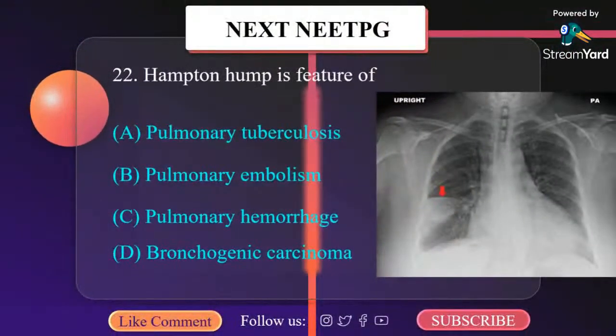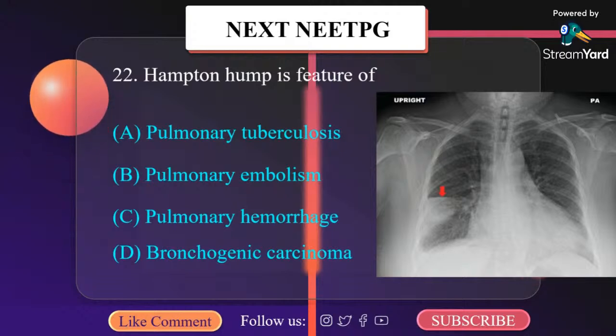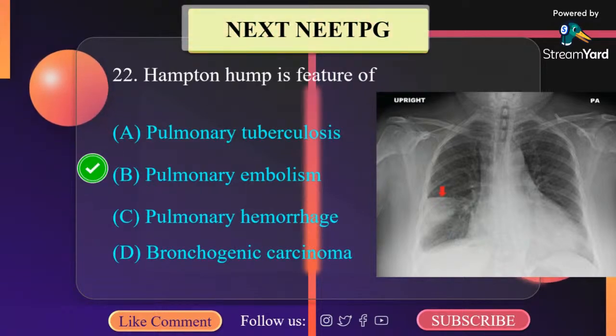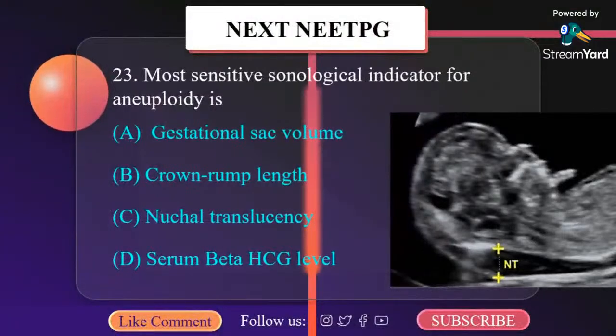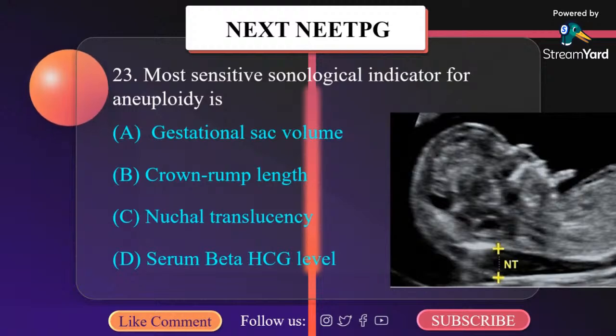Hampton hump is a feature of A. Pulmonary tuberculosis, B. Pulmonary embolism, C. Pulmonary hemorrhage, D. Bronchogenic carcinoma. So it is pulmonary embolism. Most sensitive sonological indicator for aneuploidy is A. Gestational sac volume, B. Crown rump length, C. Nuchal translucency, D. Serum beta HCG level.